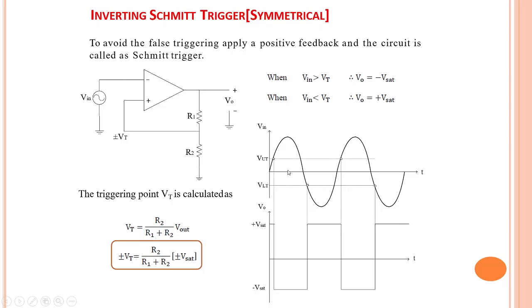There won't be any change in the output for a change in the input between VLT and VUT. That's why this avoids false triggering. Small excursions in the input won't be taken into consideration; the circuit will not respond to them.